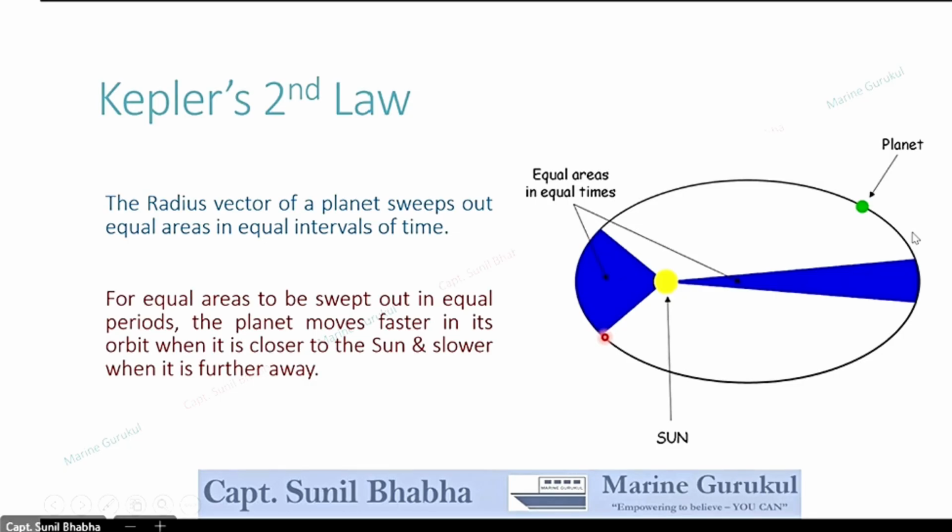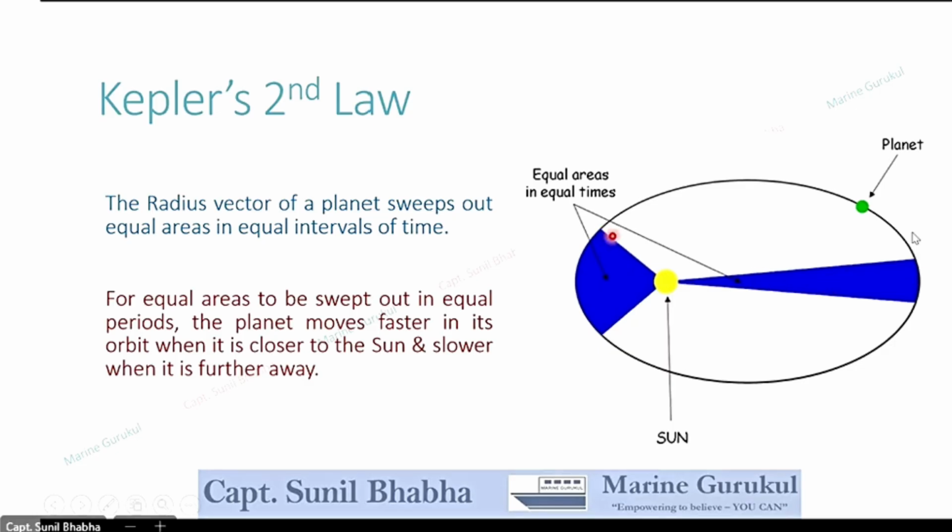If the planet has to sweep out equal areas in equal intervals of time, the planet will have to move faster in its orbit when it is closer to the sun. You see, at this particular location, the planet is much closer to the sun as compared to the previous observation.